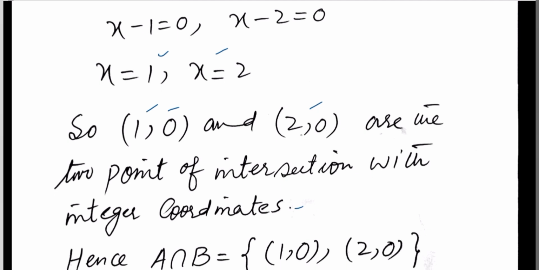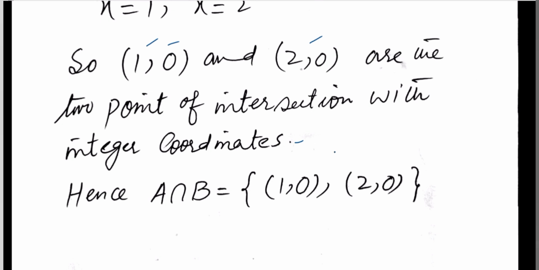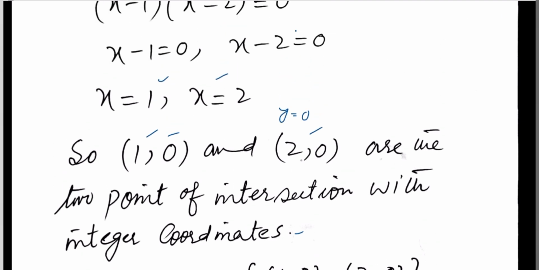One of the important things is that the condition in the question is that both values of x and y should be integers. As y is equal to 0, which is already an integer, and we have found two values of x which are also integers. Suppose one of the values of x here is 3 by 2, then we ignore this value.